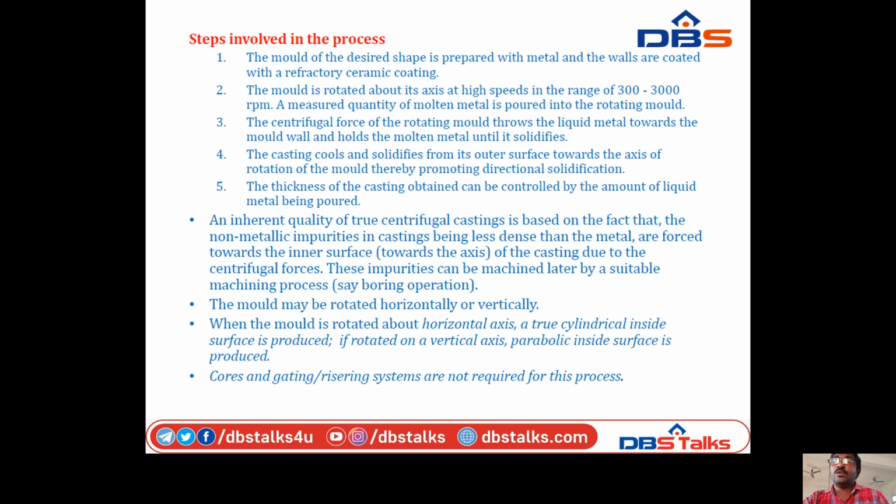The casting cools and solidifies from its outer surface towards the axis of rotation of the mold, thereby promoting directional solidification. The thickness of the casting obtained can be controlled by the amount of liquid metal being poured.